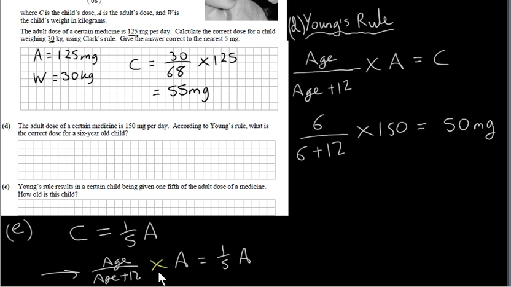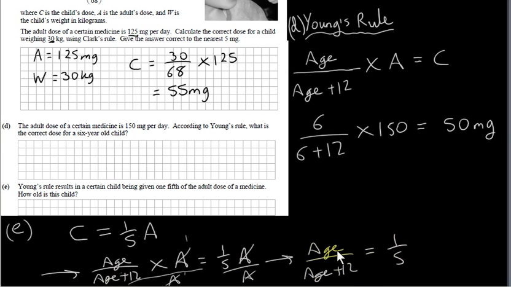Now, we see that we can divide both sides of this equation by A. You can imagine putting all of the left-hand side over A and the right-hand side over A. These two things are multiplied here, so we can cancel these A's. We can divide A by A. So we're just left with age over age plus 12 by 1, or just age over age plus 12. And on the right-hand side, these A's cancel. So we end up with age over age plus 12 equals 1/5.